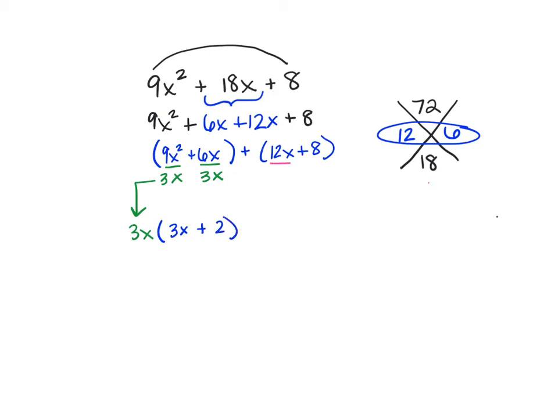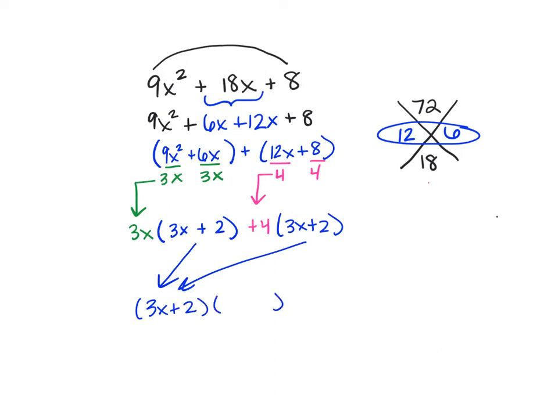And then out of the second binomial, it looks like we can take out a 4. So that will leave me with 3x plus 2. So you have your common factor of 3x plus 2. And then your second one will be the 3x plus 4.